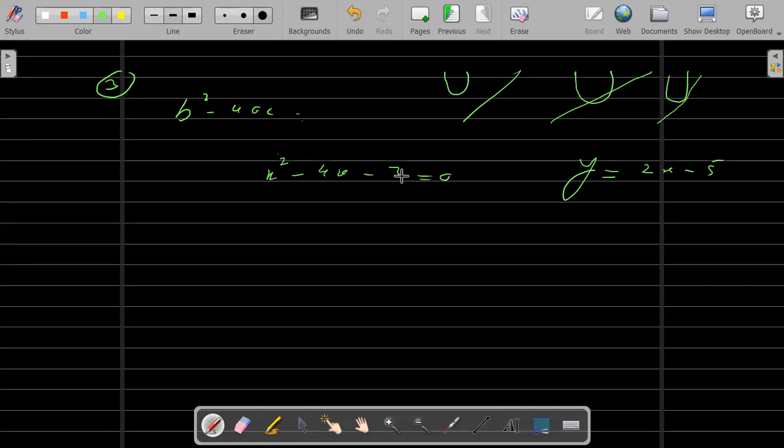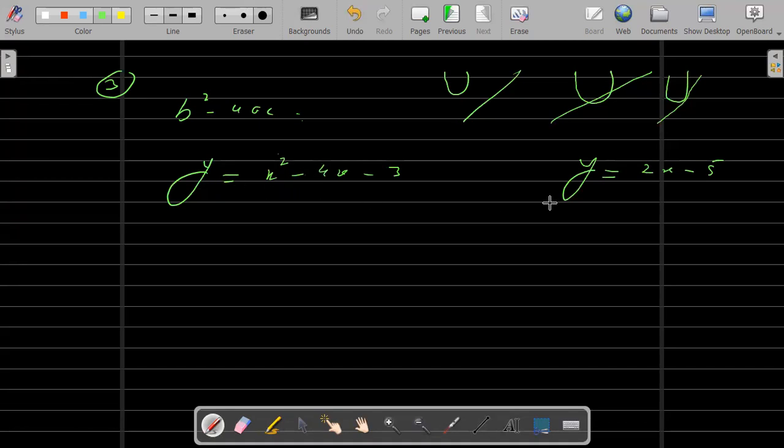So what you will do? You have to join both and make a quadratic equation. I have to combine both and make a quadratic equation. How? See, y is equal to 2x minus 5.